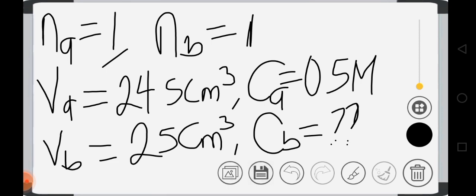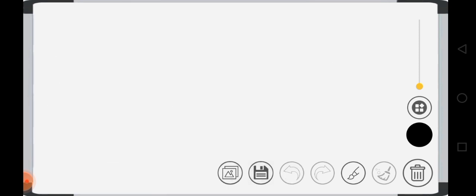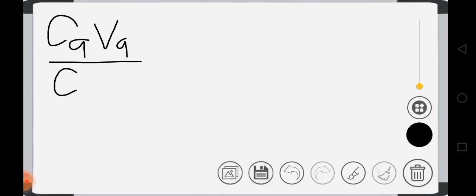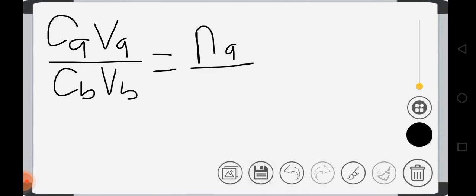What is the concentration equation? Concentration of acid times volume of acid, divided by concentration of the base times volume of the base, must be equal to the number of moles of acid divided by the number of moles of base.